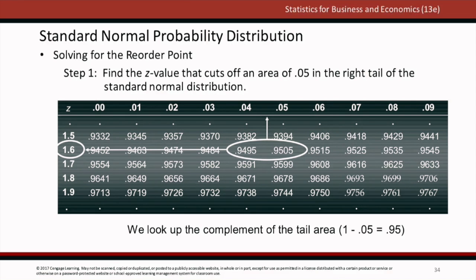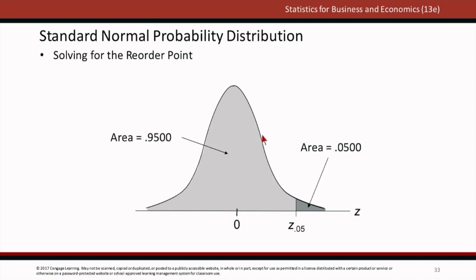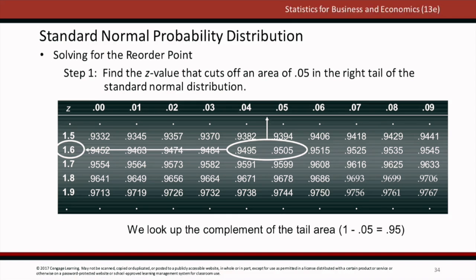So that's the first step. The first step is to find the z-value that cuts off an area of 5% on the right tail of the standard normal distribution. Again, to find that value, we look for the complement, the 0.95 to the left, because remember, the standard normal table only gives you areas to the left of certain z-scores.